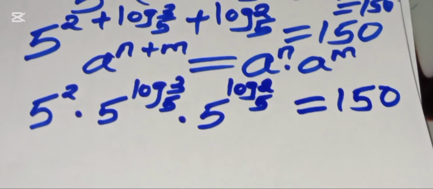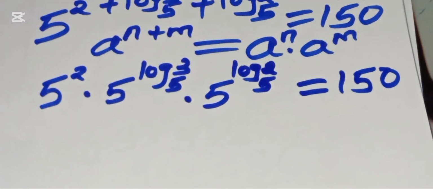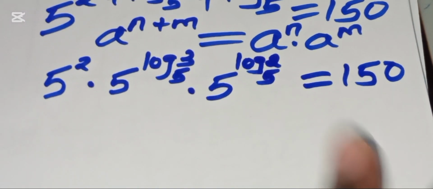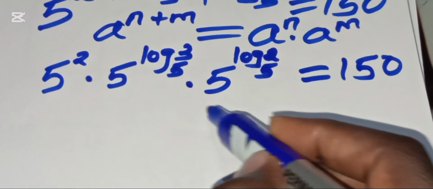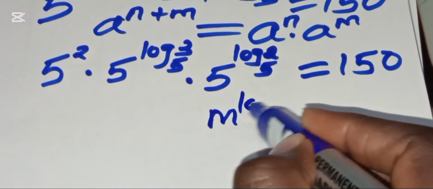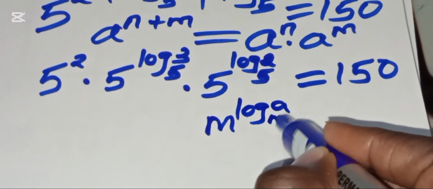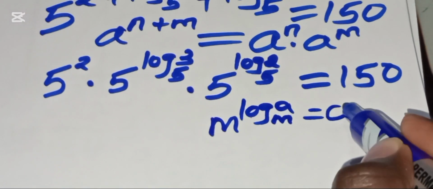Now, 5 raised to power log 3 to base 5 multiplied by 5 raised to power log 2 to base 5 are in the form of m raised to power log a to base m, which gives us a value of a.